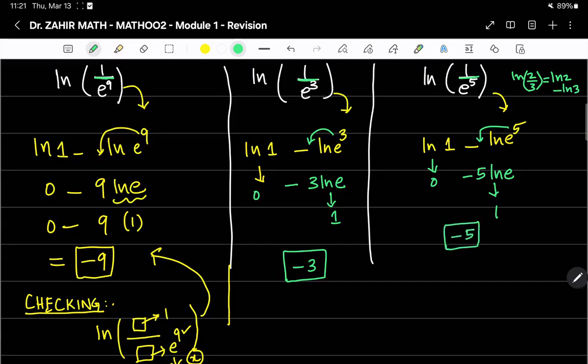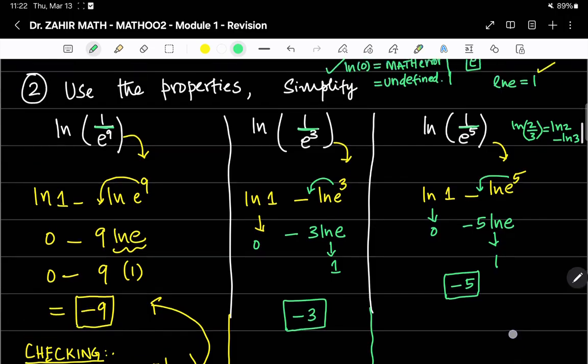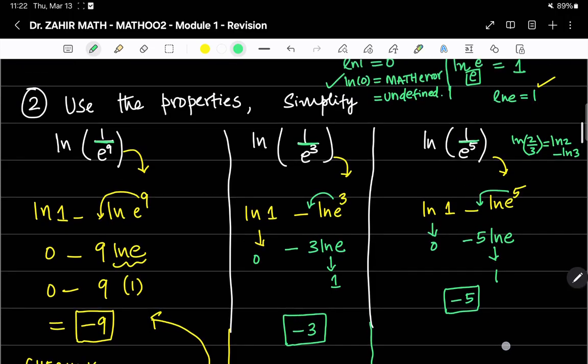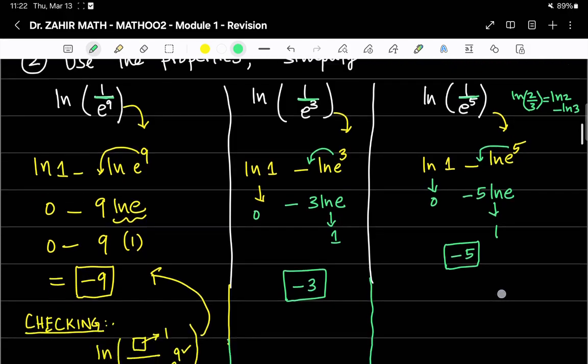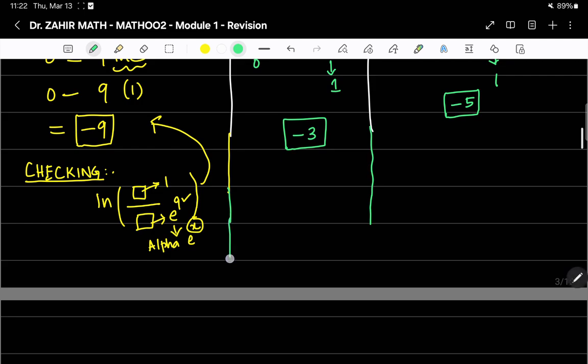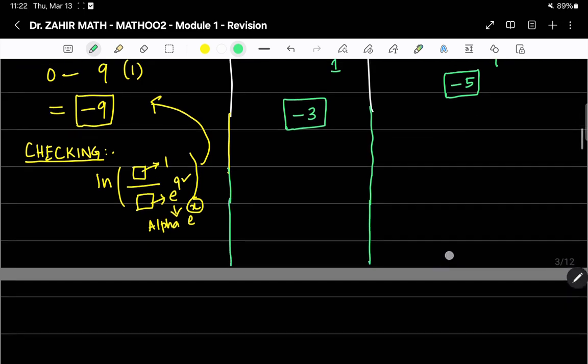You can check your answers using the calculator. All 3 questions use a similar idea. Why are you giving these, teacher? Because I am giving revision. If you have more than one question, it's easy to practice. Clear, all of you?